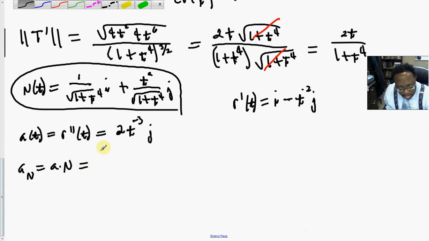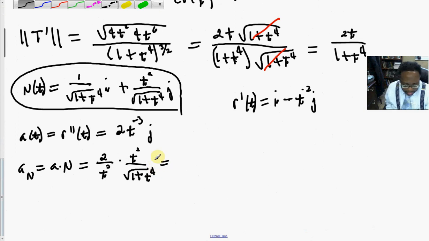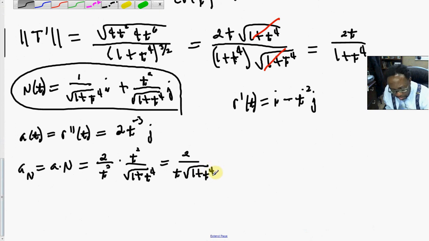So it's just going to be 2 over t to the third times t to the second all over the square root of 1 plus t to the fourth. So we clean that up. So this is 2 over t times the square root of 1 plus t to the fourth. And we'll find the numbers. Let's just go ahead and find the hard terms.